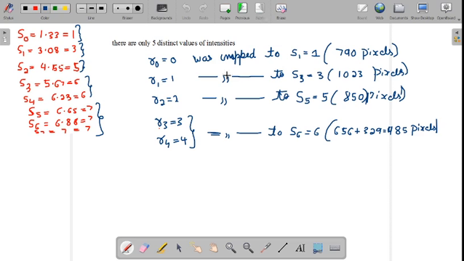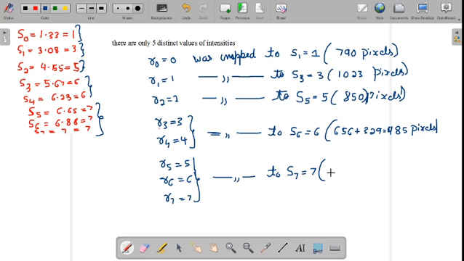So R5, R6, R7, all of them would be mapped to S7, which is equal to 7.